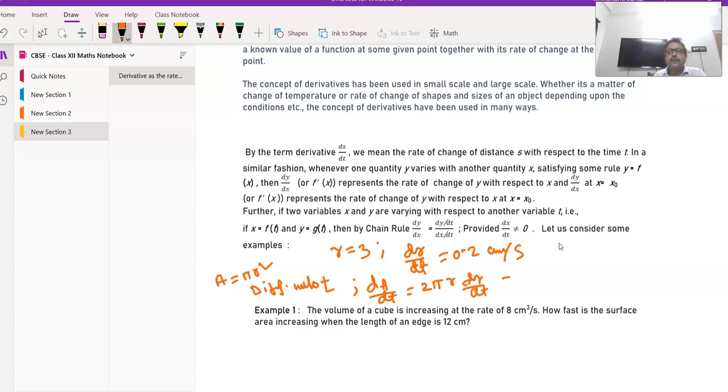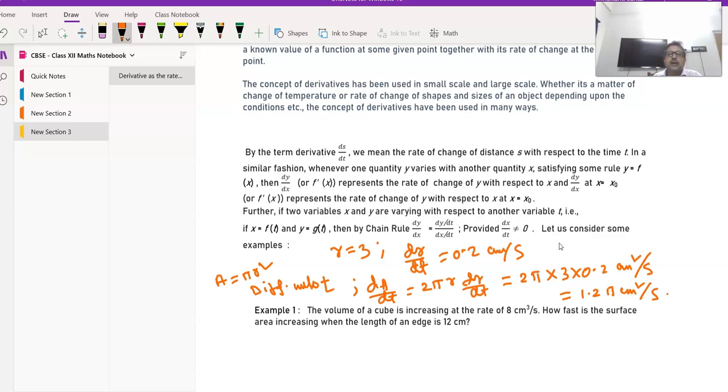If you put those values given here, it will be 2 pi into 3 multiplied by 0.2 centimeter square per second. So this will be 1.2 pi centimeter square per second. This is the answer.